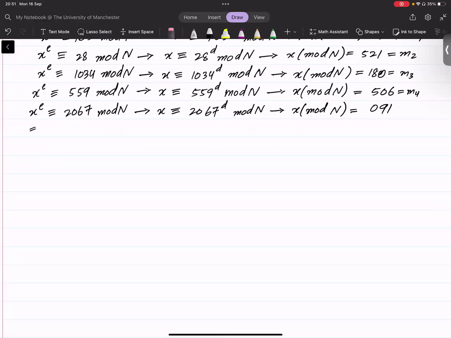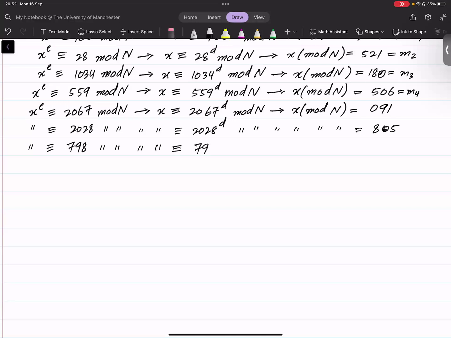Two remaining numbers: 2028 is congruent to 2028 to the power d, giving 805, and 798 to the power d is equal to 04.